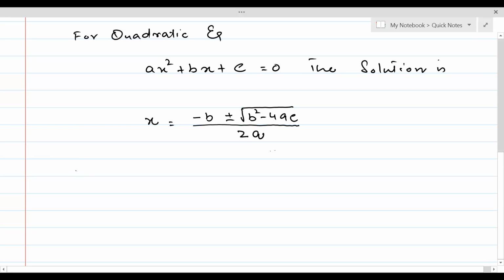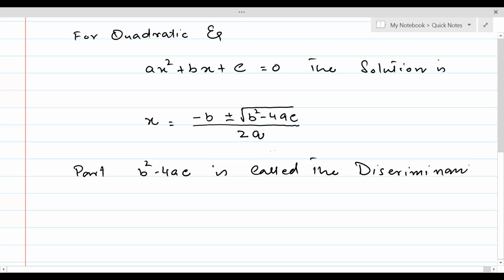This part of the expression inside the square root, b square minus 4ac, is called the discriminant, and it is mainly responsible for the nature of roots of the given quadratic equation.